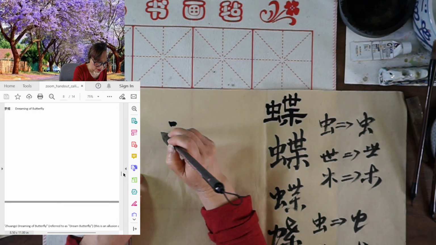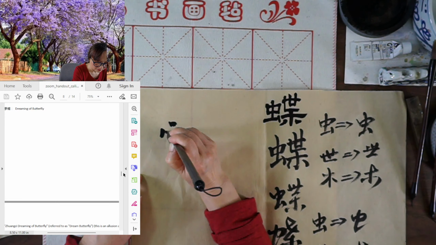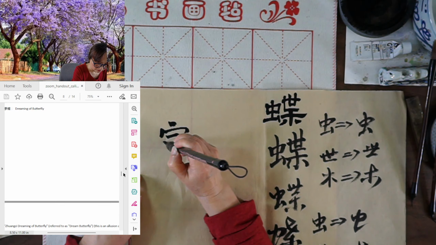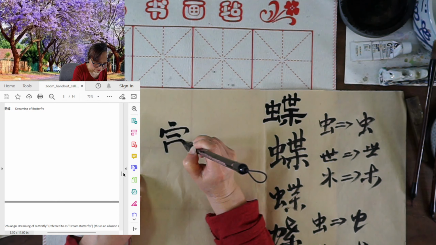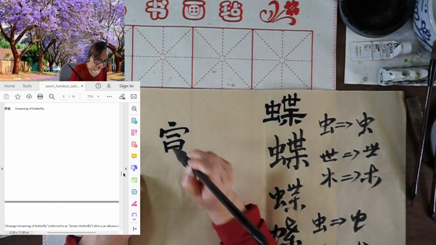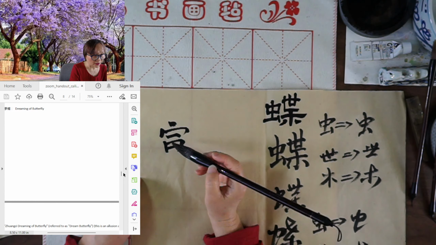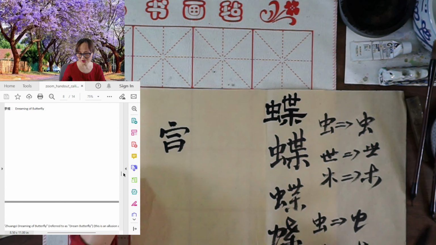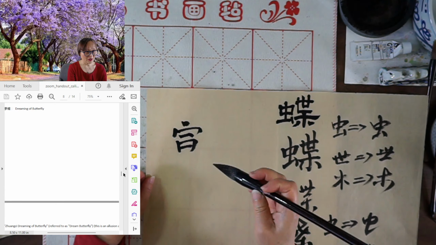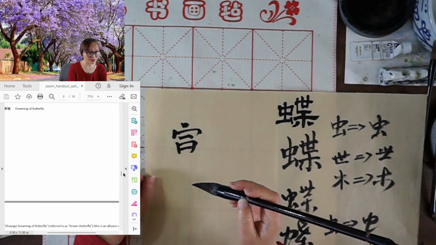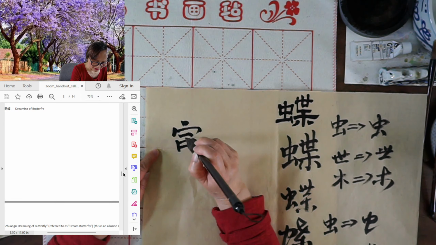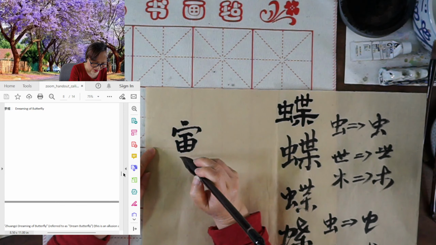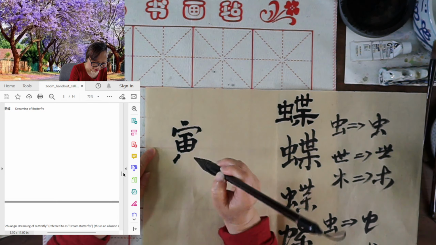Roof radical on the top. And Emily, you did this not stick out. That's a small problem, because it has nothing to do with the exact writing, but since you noticed it and you know it, no problem. Stick out and seal it, and the two dots on the bottom.